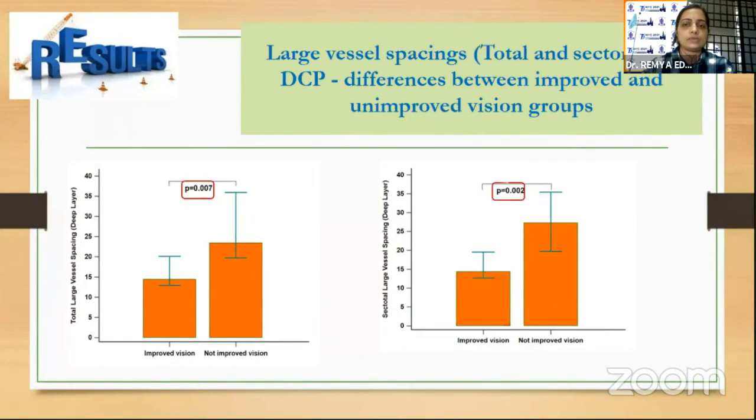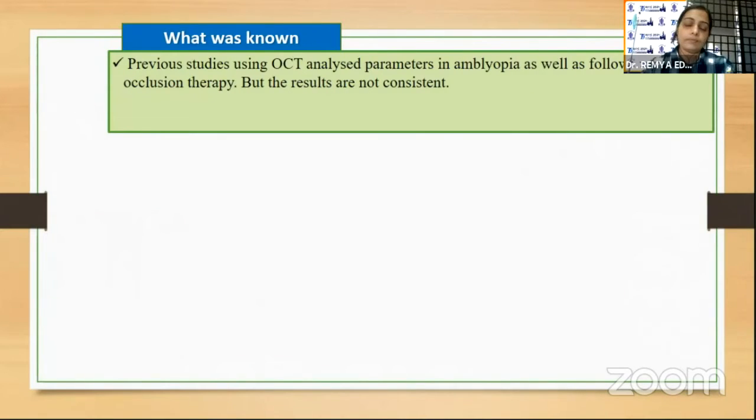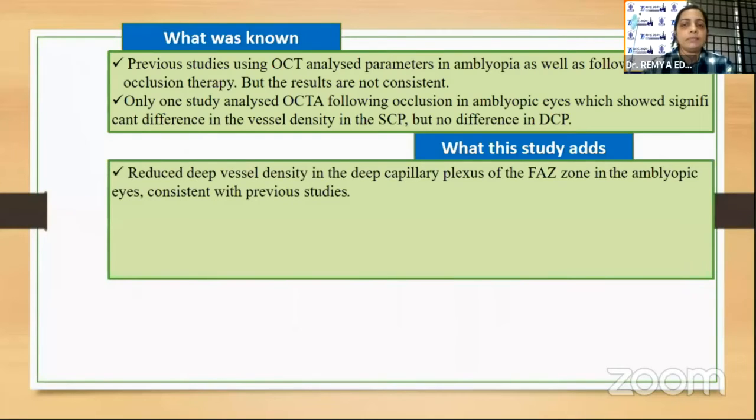It's known that OCT parameters were previously analyzed in anisometropic amblyopes, but the results are not consistent. Only one study analyzed OCTA following occlusion therapy in amblyopes, which showed a significant difference in the vessel density in the superficial capillary plexus, but not in the DCP. Our study shows reduced vessel density in the deep capillary plexus as in previous studies.